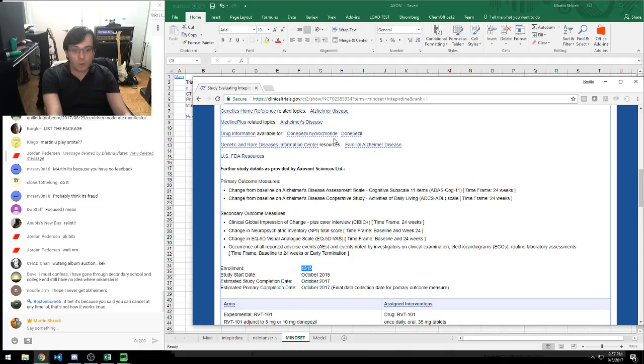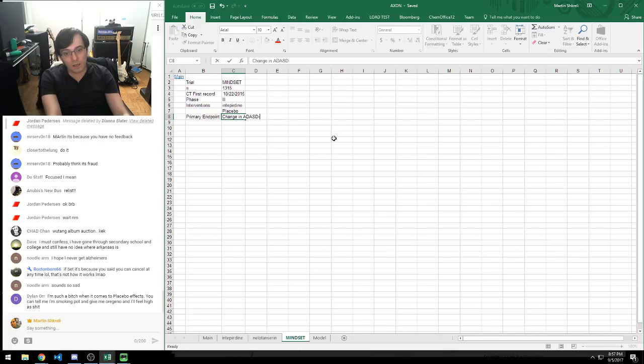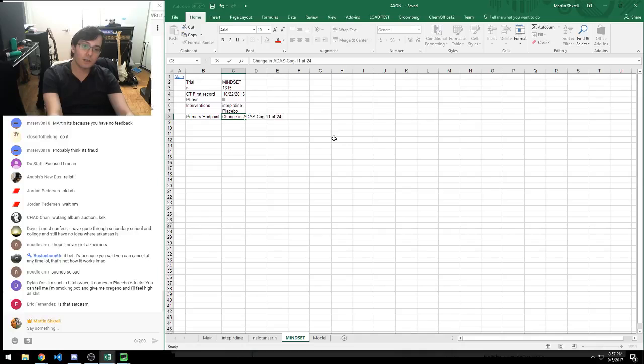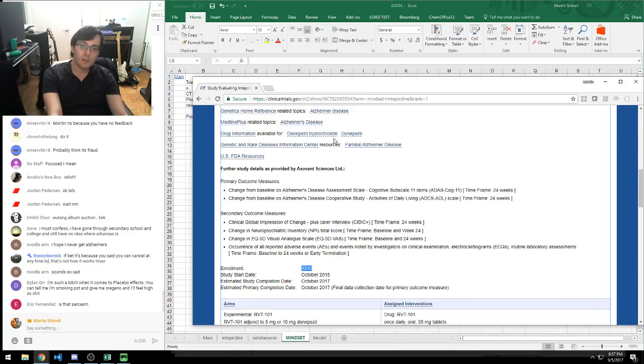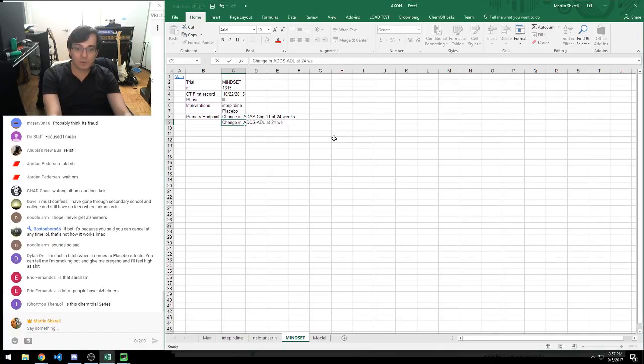All right, so there are two primary endpoints, which is a little uncommon. So here we have change in ADAS-Cog11, which is an Alzheimer's clinical trial endpoint, at 24 weeks. And let's see, change in ADCS-ADL at 24 weeks.